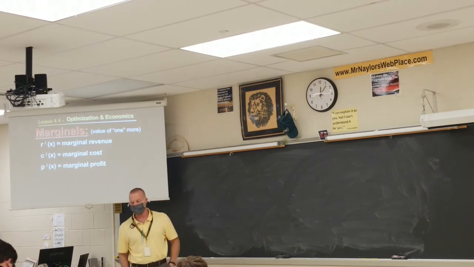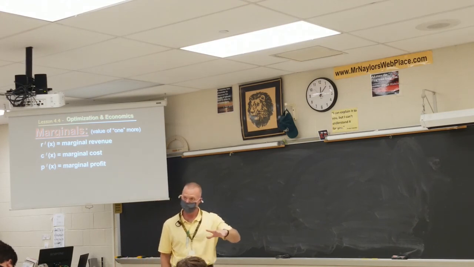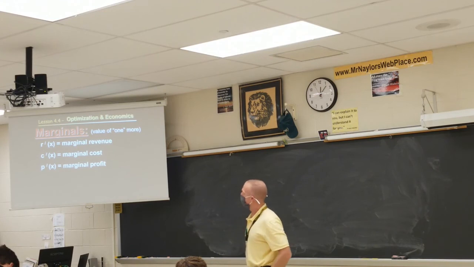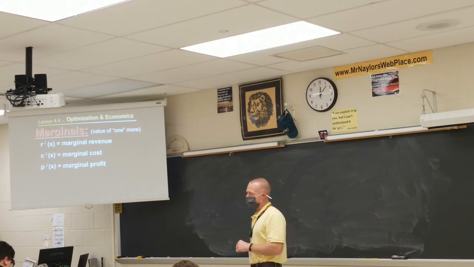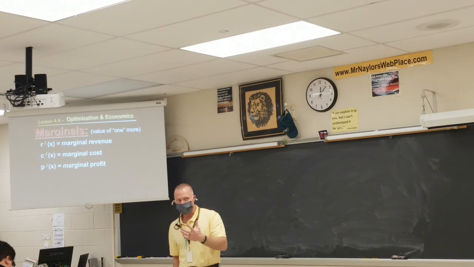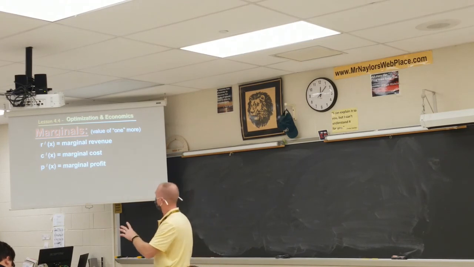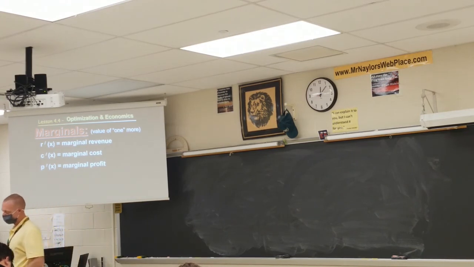And usually the way that it's described to students on a beginner's level is that it's like the cost or the value or the price of one more. So if I sell 10 cups of lemonade, how much did that cost? But the next cup that I sell, like one more cup. Now you say, well, why wouldn't that just be one more cup? Well, because when you're comparing it to all the cups, it may not end up being the same amount of profit.